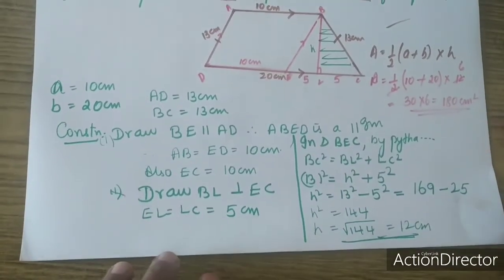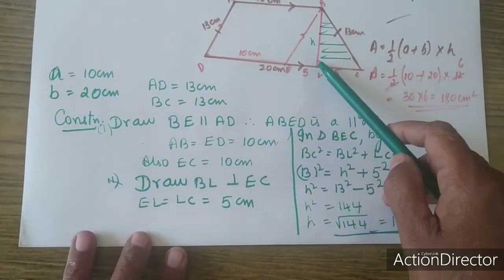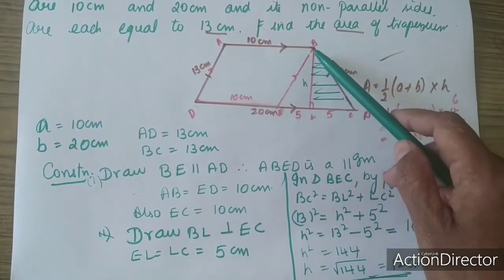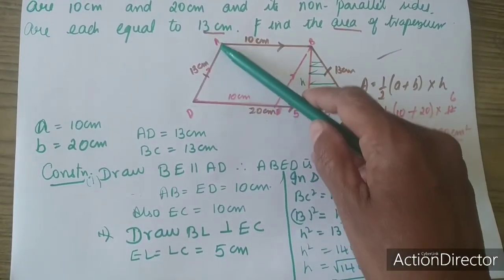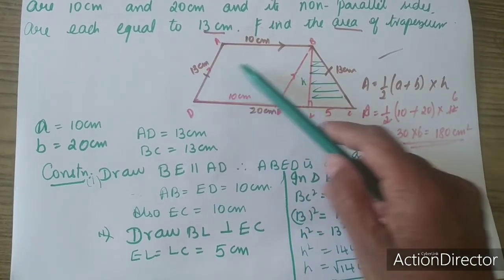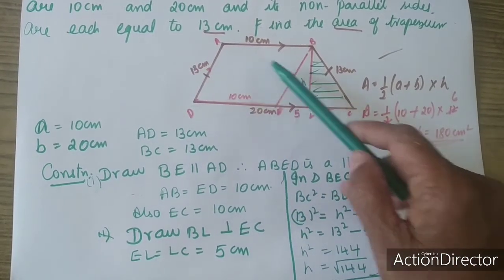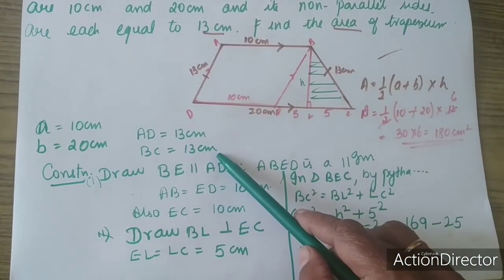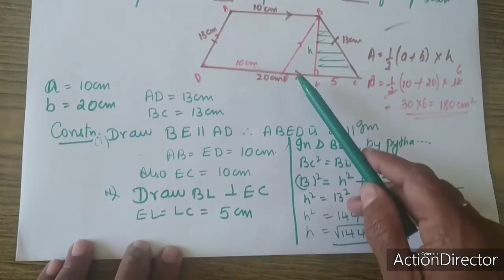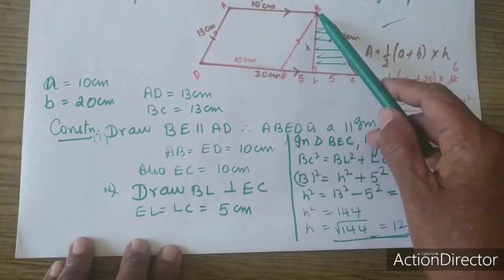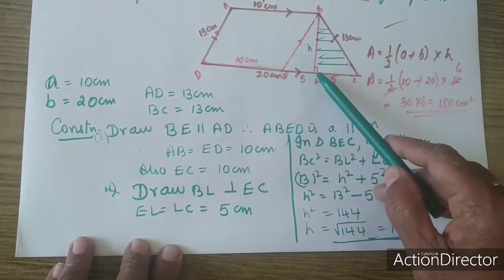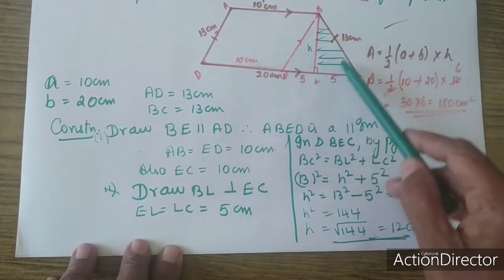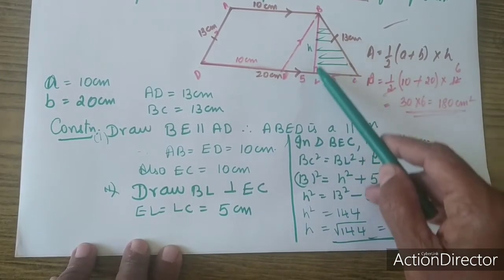So you have learnt a method to find the height of this trapezium by doing a small construction, that is BE is drawn parallel to AD. Therefore the opposite sides of a parallelogram are also equal. So AB will be equal to ED. Also in this triangle I am going to draw perpendicular BL perpendicular to EC. Since this is an isosceles triangle, this becomes a median.